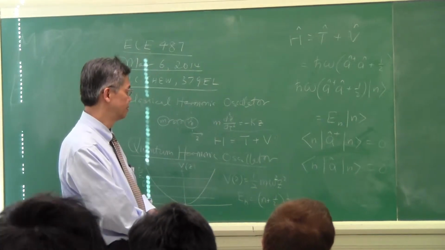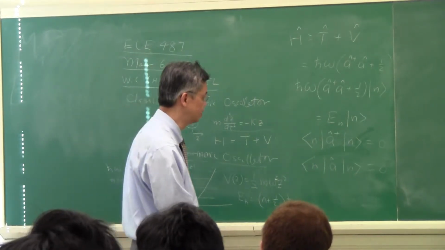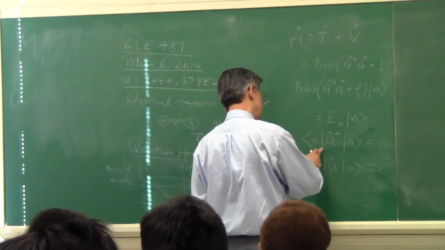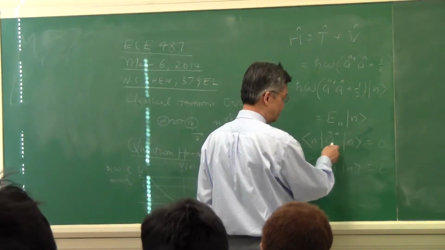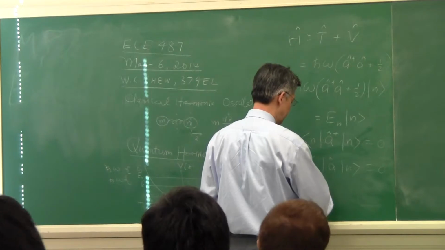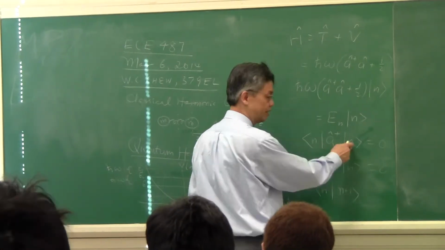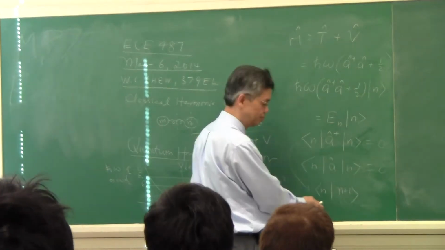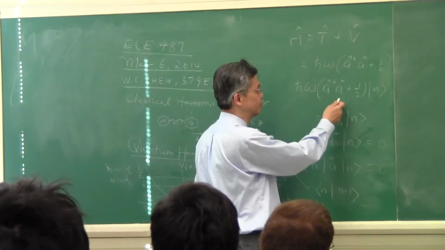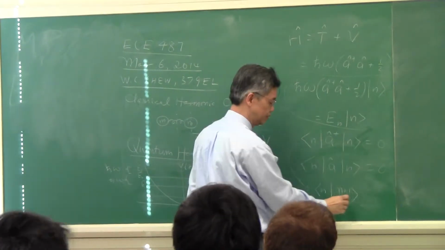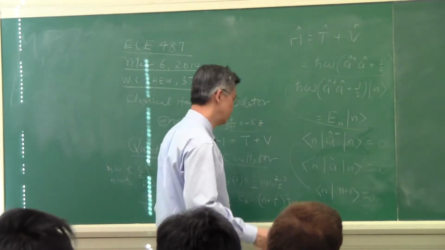The reason is quite clear. If we take the expectation value of the creation operator, this thing will become n times n plus 1, because this will raise it by one level. But these two are orthogonal to each other by the definition of eigenmode of this system, so it's always equal to 0.